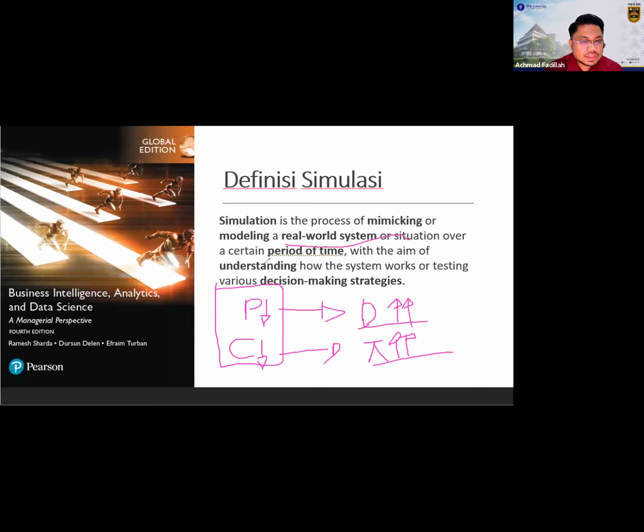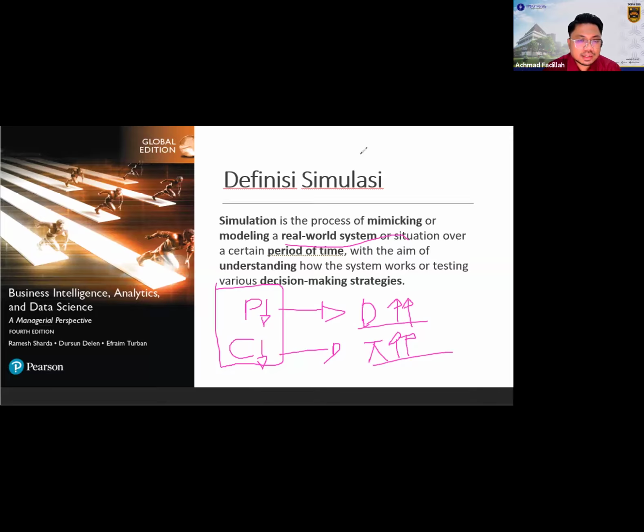Then I would say the simulation is not only for business. Simulation is very useful for everything, even in medicine, and of course in physics, mathematical modeling, as well as economic modeling.